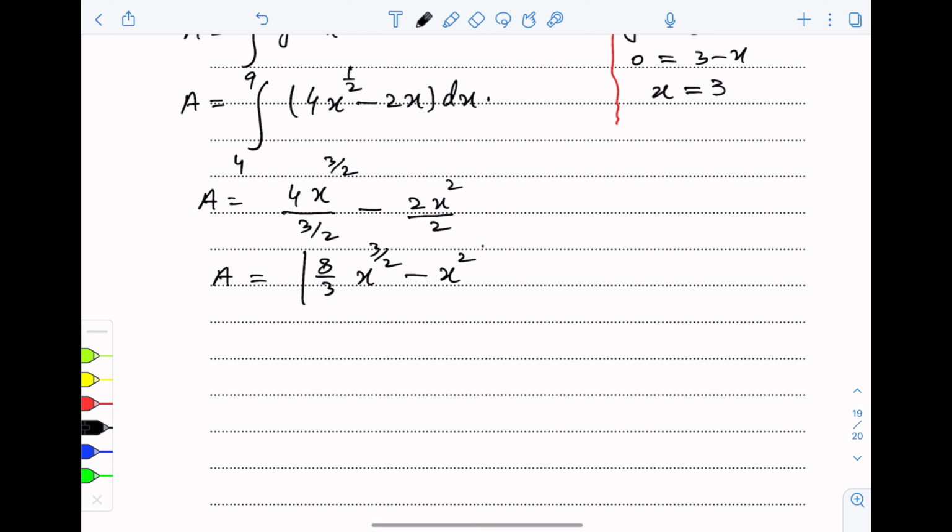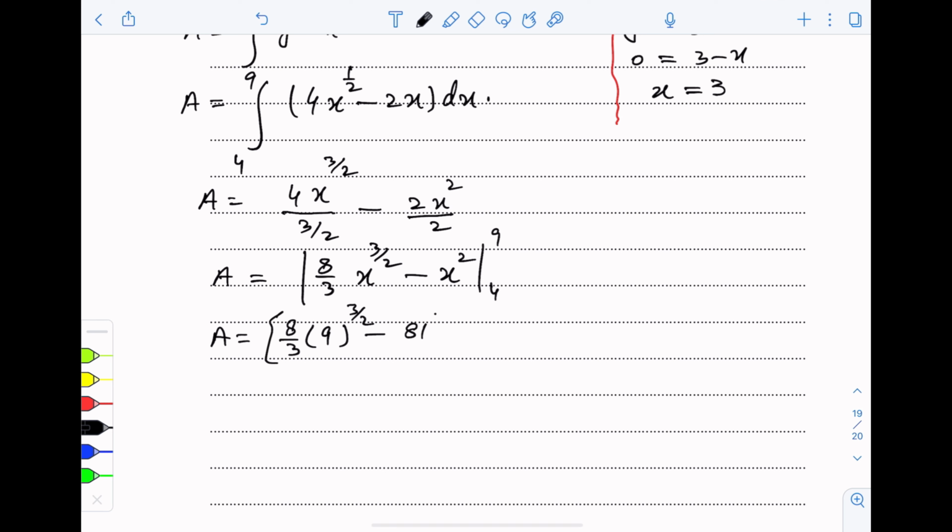So now we will apply the limit 4 to 9, first upper limit, then lower limit. 8 over 3, x is 9, 9 power 3 over 2 minus 9 square, that is 81.